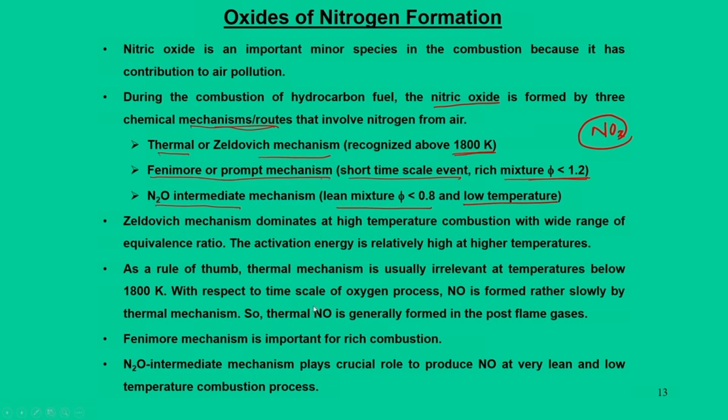When the NO formation happens in a short duration time scale, the answer will come from the Fenimore or prompt mechanism, and of course, it is for rich combustion. And when you talk about lean mixture and low temperatures, the N2O mechanism plays a crucial role.